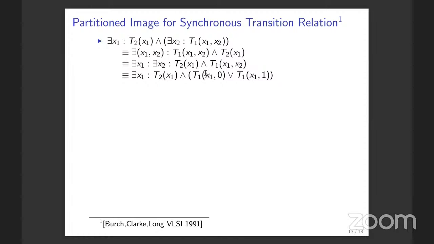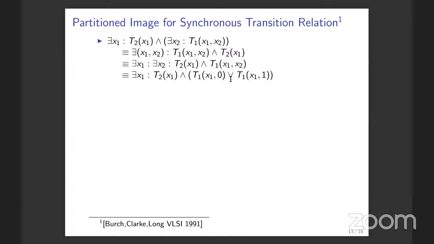And then since x2 doesn't appear in T2 at all, and it's not dependent, you can move some sub-formula outside the scope of x2. I moved T2(x1) outside the scope of x2, and I have eliminated x2 from T1(x1, x2), so that is this.